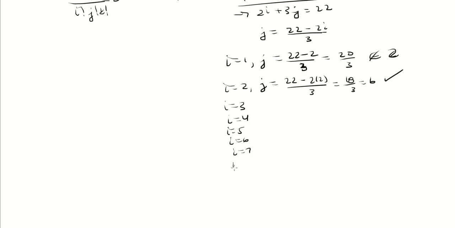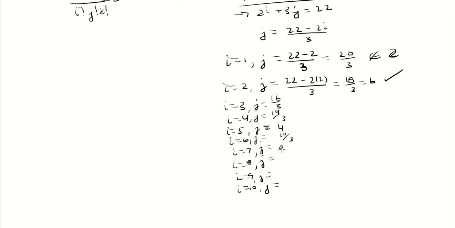I will save some time and I'll just give you what j is. So when i is 3, we have j is 16 over 3, and then 14 over 3, 12 over 3, which is 4, and then 10 over 3.